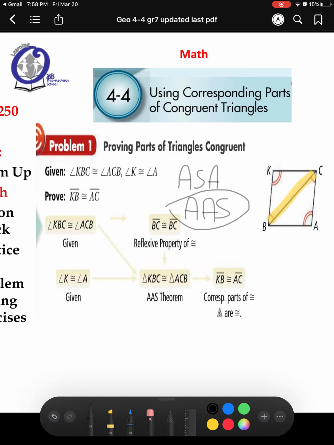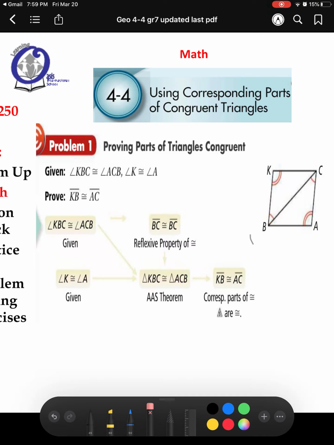This side is the common side between the two triangles, and it is not between the two congruent angles. It's from B and from C, which are the same angles. And this is what we spoke about in lesson 4.3. Okay, I proved that the two triangles are congruent.